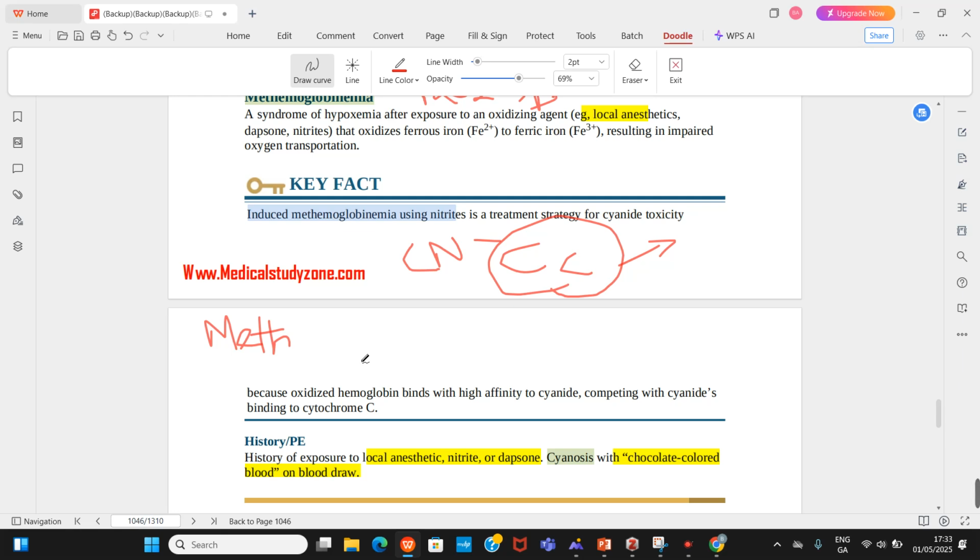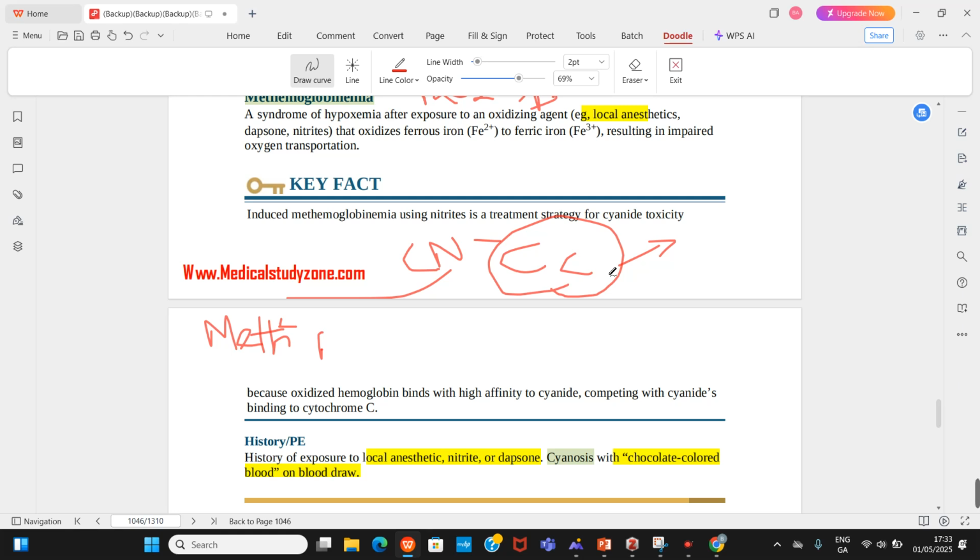We are just going to expose the person to amyl nitrite, so that we can oxidize Fe2+ to Fe3+. So we are going to get methemoglobin. So cyanide is now going to combine with that methemoglobin, so that it can free the cytochrome C so that it can work on its own.